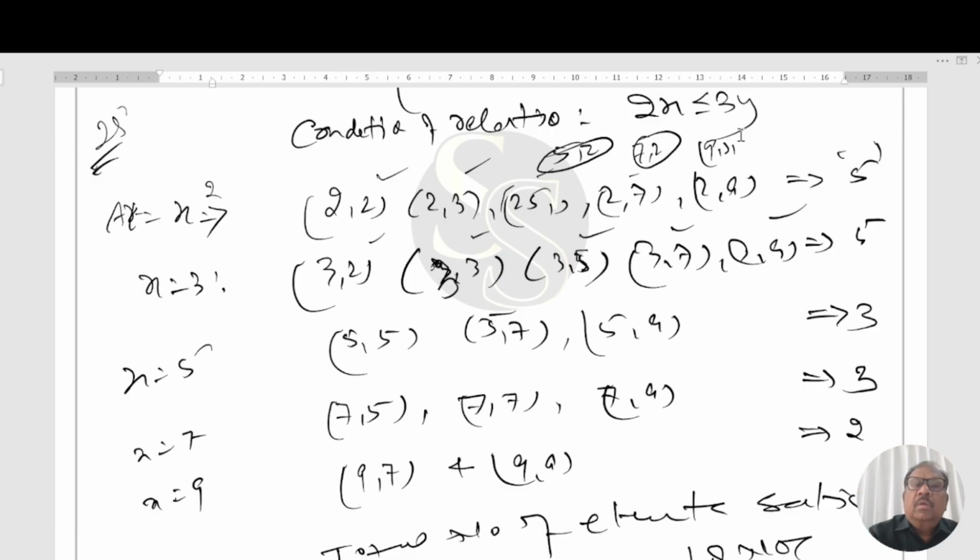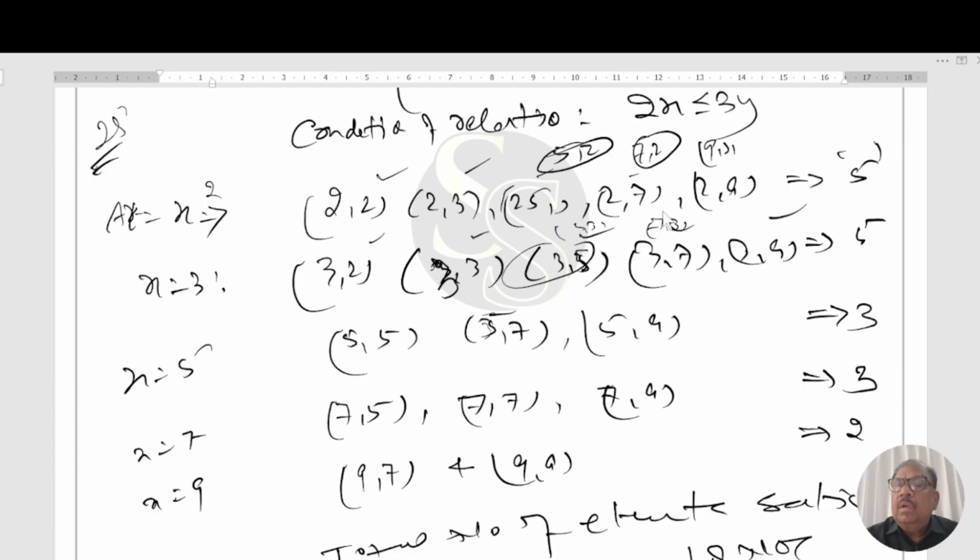Then (3, 5) पे (5, 3) ऐड करना पड़ेगा. (3, 7) पे (7, 3) ऐड करना पड़ेगा. 1, 2, 3, 4, 5.